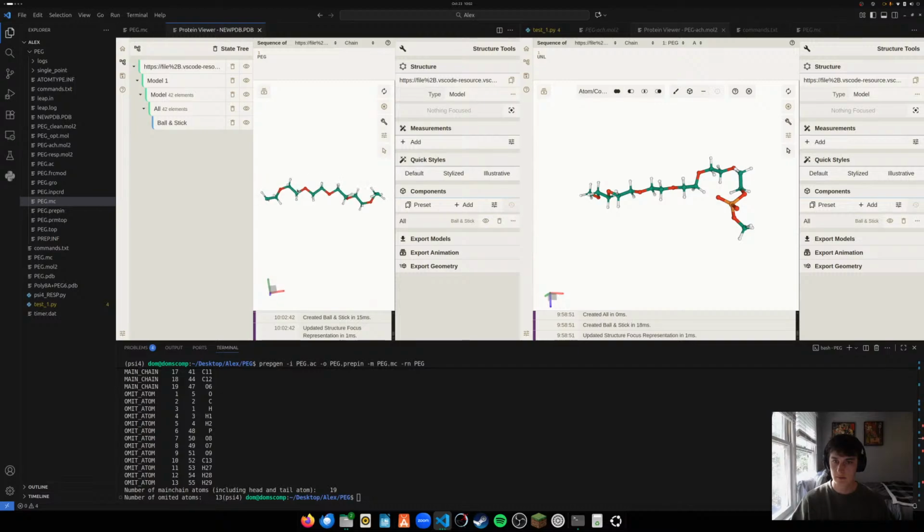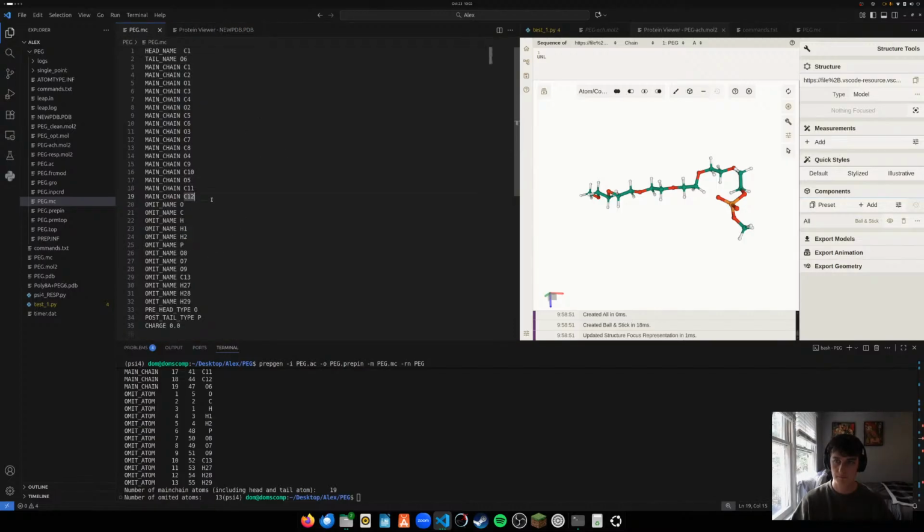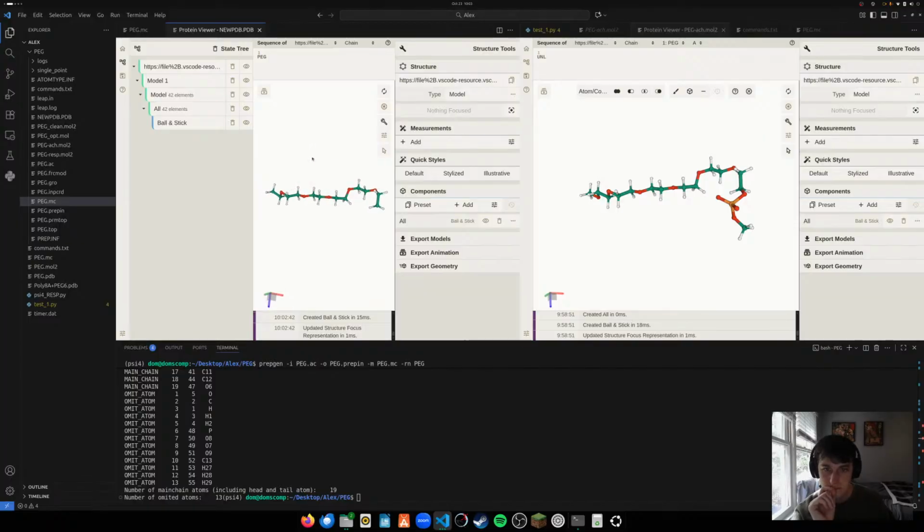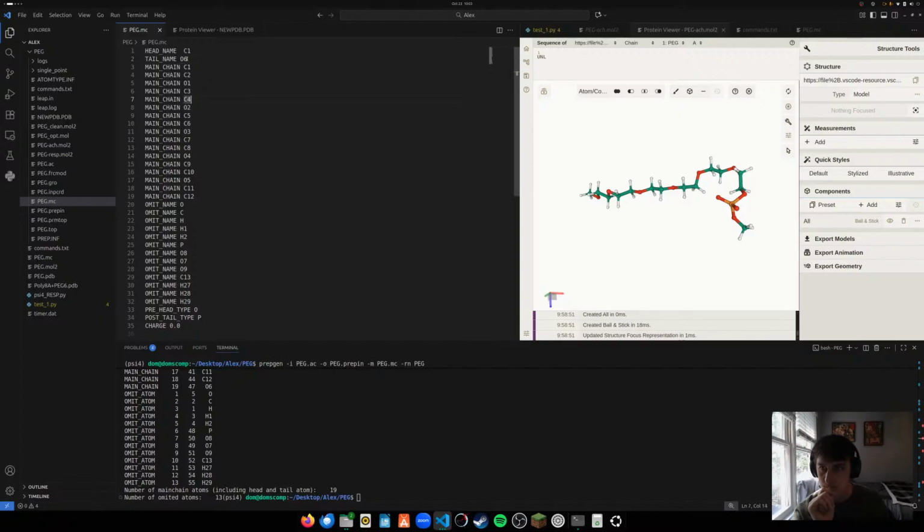The new PDB. We should have an O there. I don't know why we don't. It's part of the main chain. What? Why is O6 being eliminated?